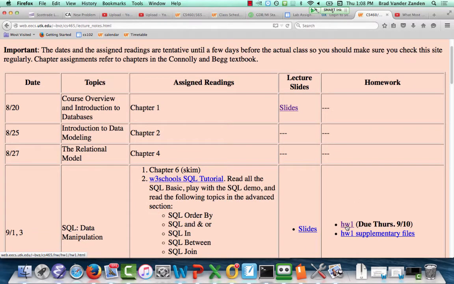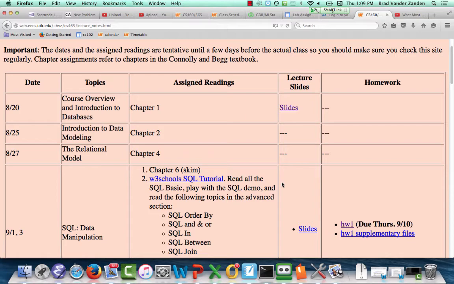So for example, your first homework assignment will be assigned on September 1st and will be due on September 10th. Homework assignments are due at 5 p.m. 5 p.m., remember that, not midnight. And to encourage you to hand them in early, if you get them in 24 hours in advance, you get 5% extra.